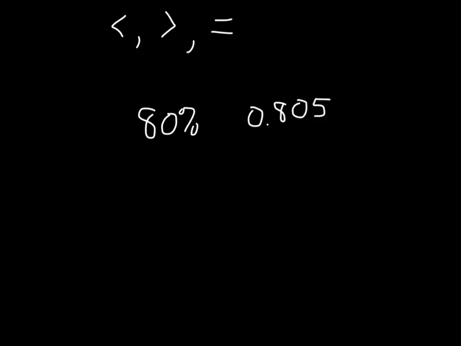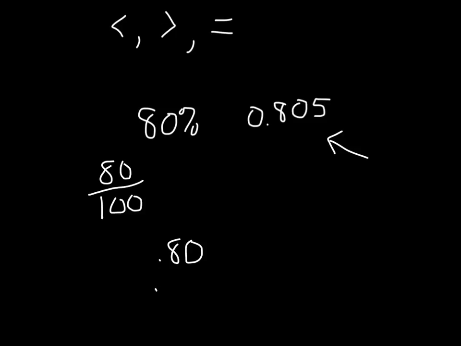When I'm comparing percents, I like to change them into decimals. So 80% to start with is going to be 80 over 100, which as a decimal would be 0.80, 80/100ths. Now I'm comparing that with 805 thousandths.